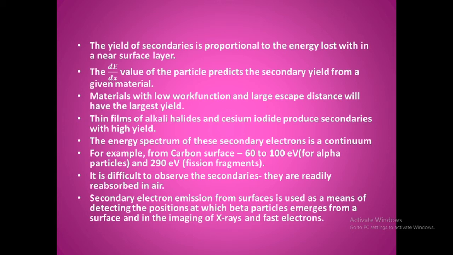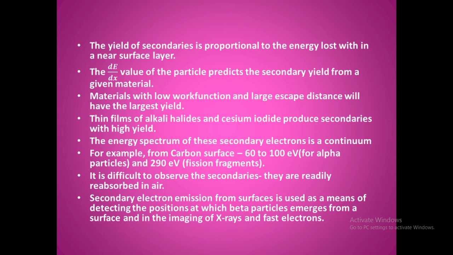The energy spectrum of such escaping secondary electrons is a continuum, but their mean value is very low compared with the primary particle energy. The energy of secondary electrons from a carbon surface with alpha particles is 60 to 100 eV, and for fission fragments it is nearly 290 eV.